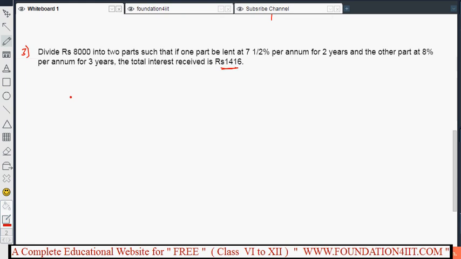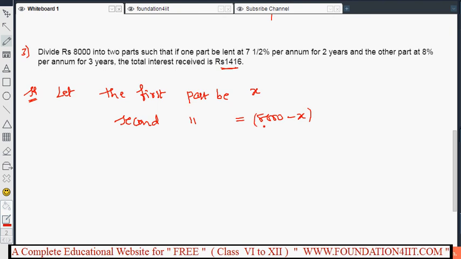Since we don't know how much each part is, let the first part be x. If the first part is x, then the second part is 8000 minus x.